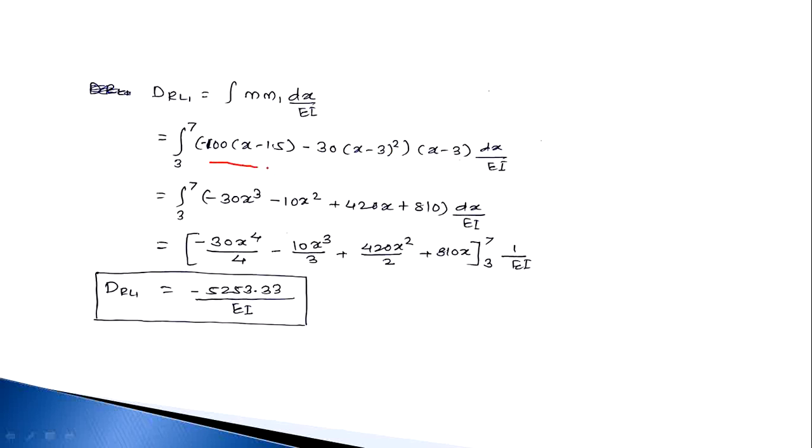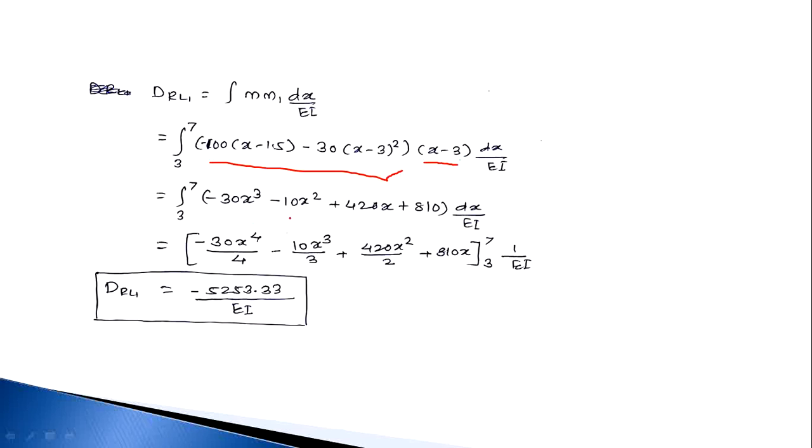This whole equation is M, and M1 is x minus 3, into dx upon EI. By simplifying this equation, we get minus 30x cube minus 10x square plus 420x plus 810 dx upon EI, with the integration limits 3 to 7.